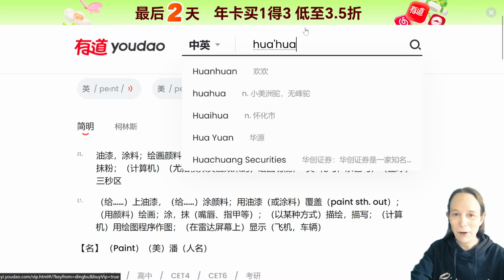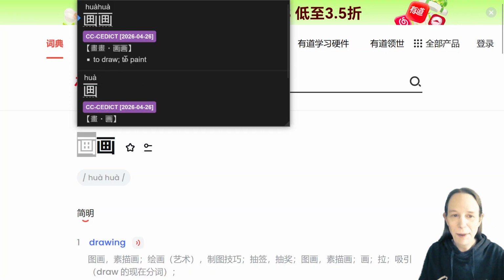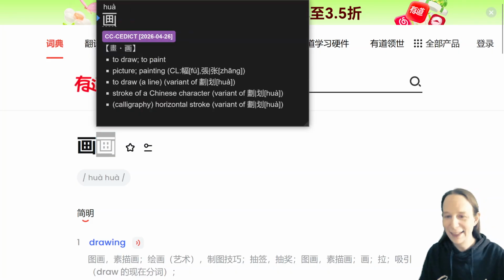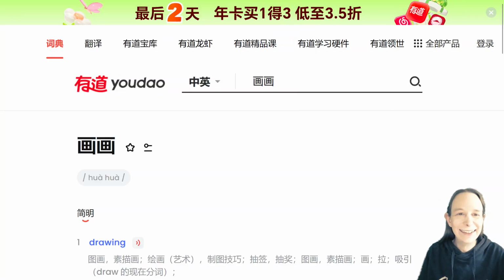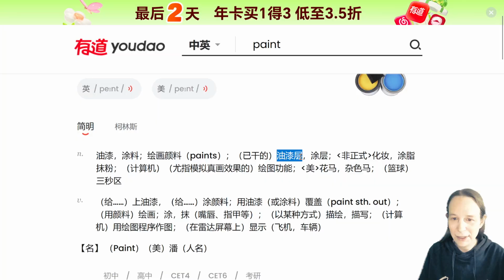You probably already know 画画. The first 画 is a verb meaning to paint a picture. The second 画 is the picture, is a noun. So 画画, yeah. All right. 油漆层, 涂层, 上油漆.